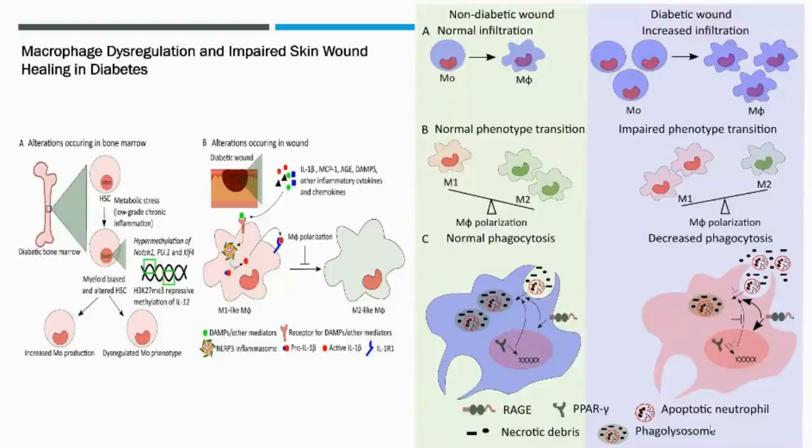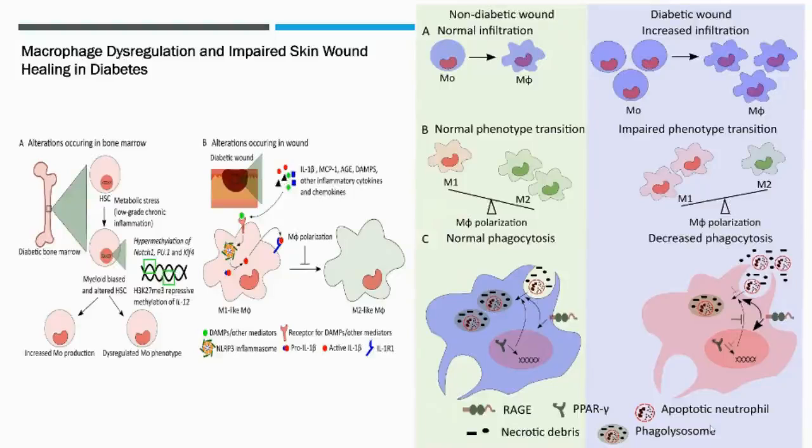On the left panel, what you are seeing here is a potential mechanism through which bone marrow can recruit macrophages, especially in the context of a normal wound healing profile versus one with a diabetic wound healing profile. And again, as we all know, diabetes by itself provides a systemic low-grade inflammatory characteristic.